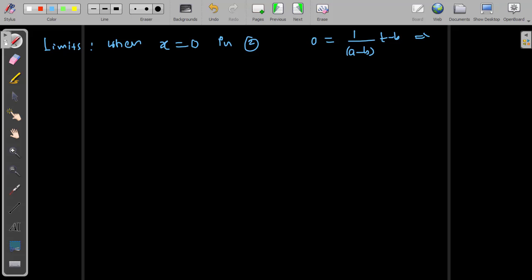When you cross multiply, t minus b equals 0, because (a minus b) times 0 is 0. So t equals b, which means the lower limit of t is b.